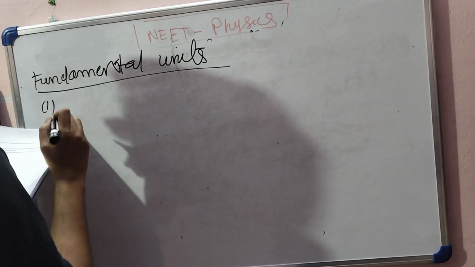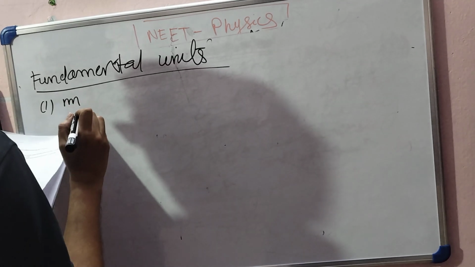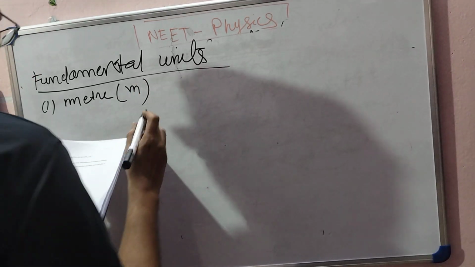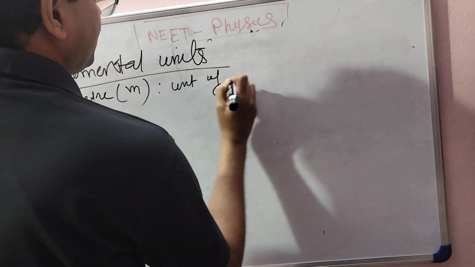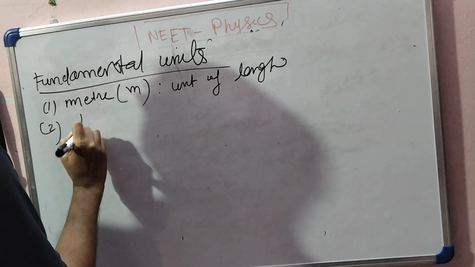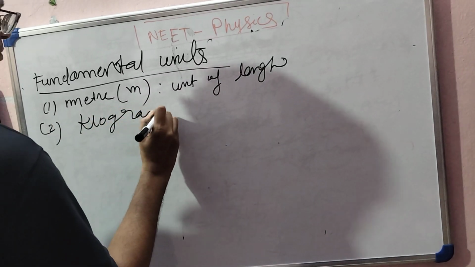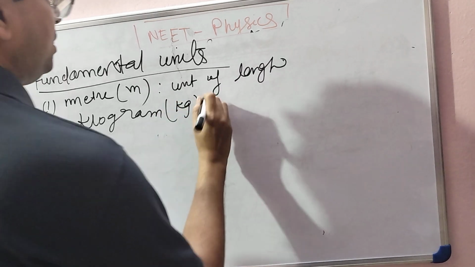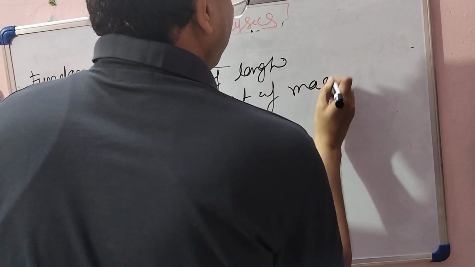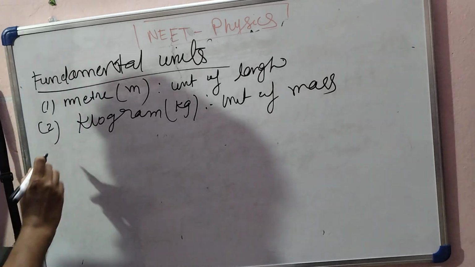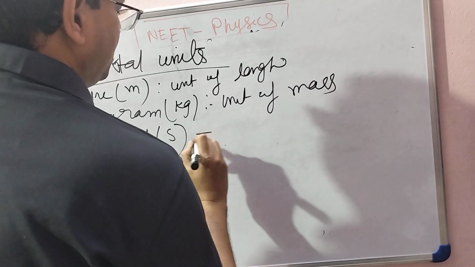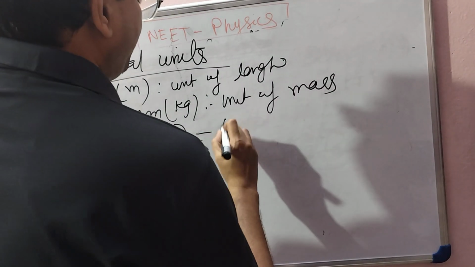Unit number 1, meter, M is its symbol, and it is the unit of length. Second is kilogram, kg, unit of mass. Third is second, s, unit of time.